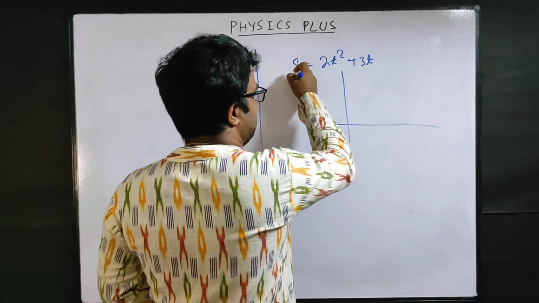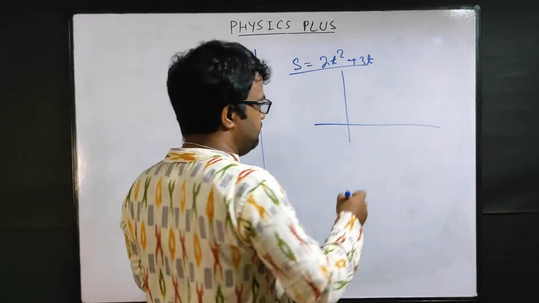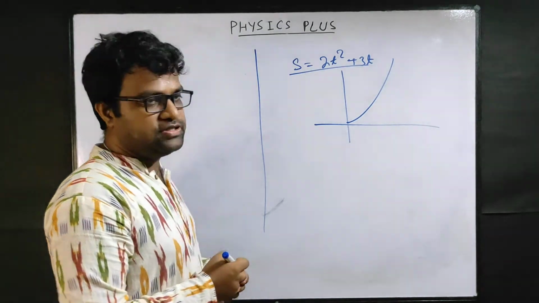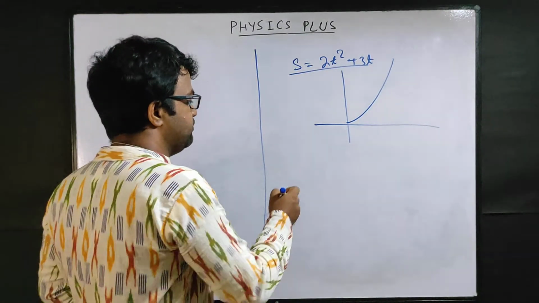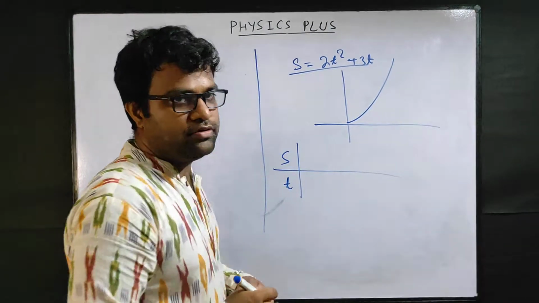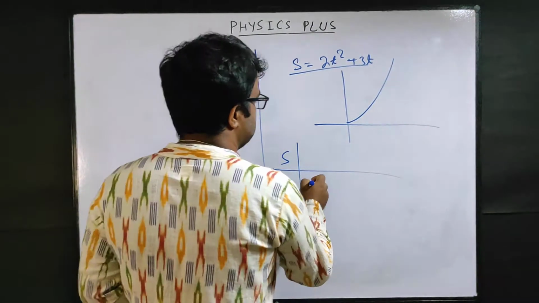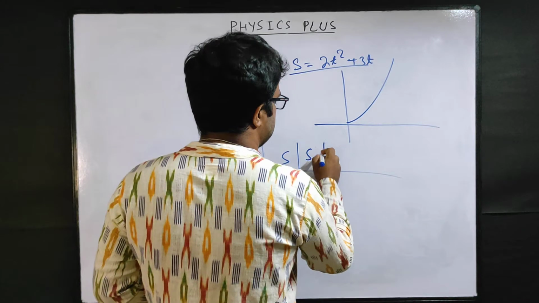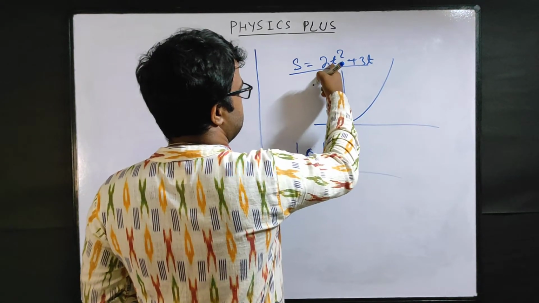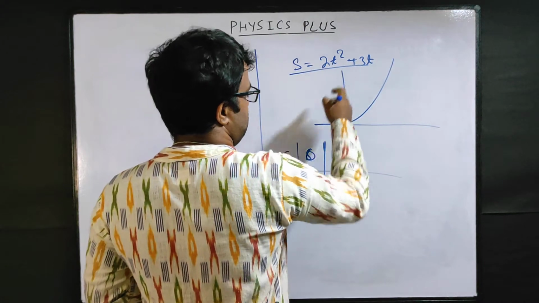So first, let's just draw this one in a graph. Suppose the graph looks like this, your s is equal to ut plus half at square. You can draw this graph, right? You know the method. This is your s, this is your t. You can make a table. Suppose t is equal to 0 second, your s is equal to 0, or t is equal to 1, this is 3, this is 2, this is 5.